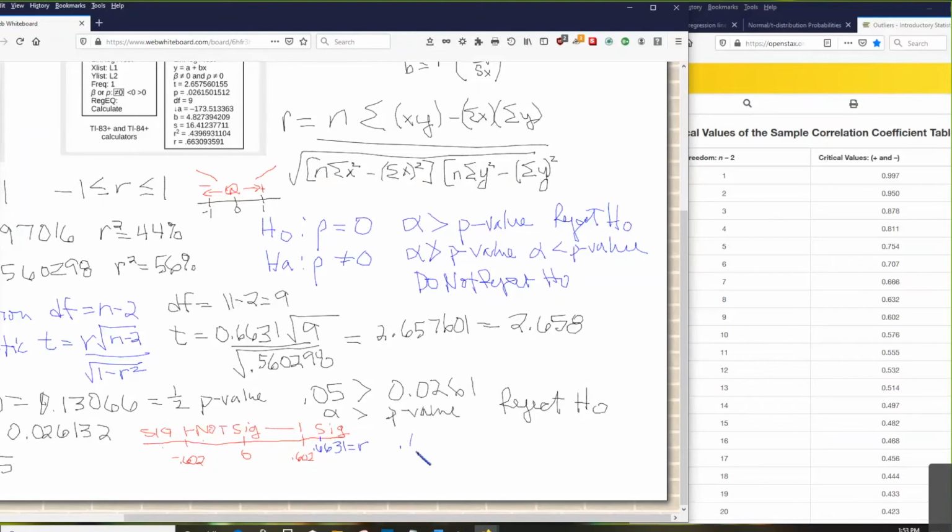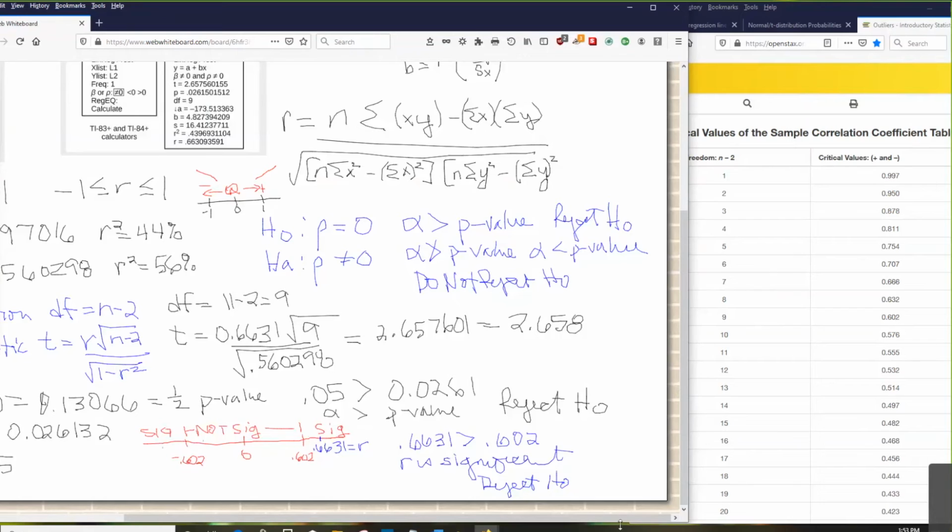So 0.6631 is greater than 0.602, so that tells us that R is significant. And that means we can reject the null hypothesis. Okay.